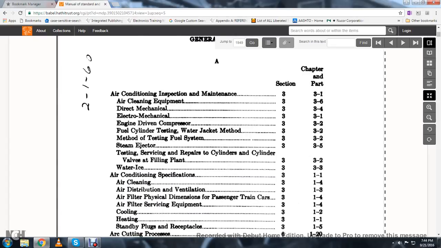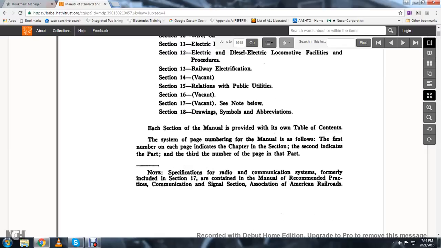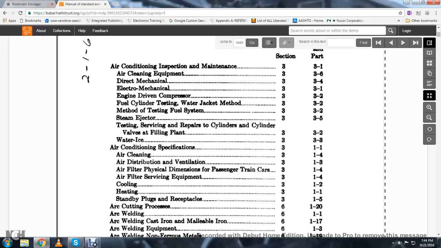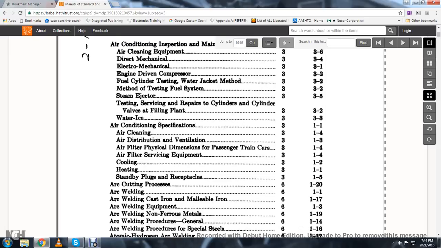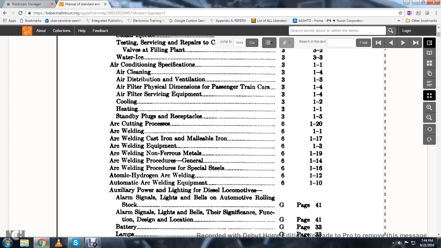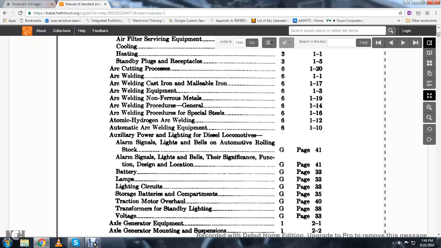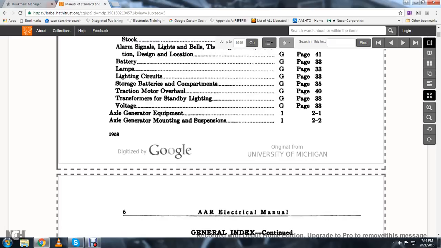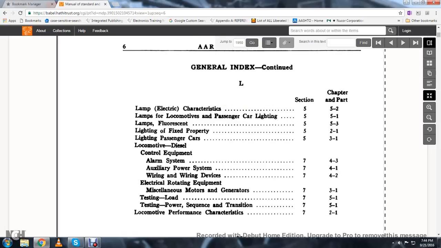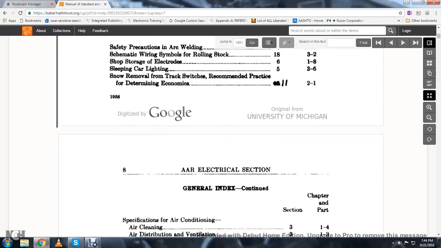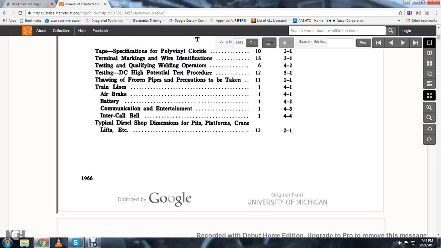Section 1, General, car electrical equipment, air conditioning inspection, air conditioning specification, arc cutting process, arc welding, arc cast iron metal, arc welding equipment, non-ferrous metals, procedures in general, welding procedures, special steels, atomic hydrogen, atomic arc welding, auxiliary power lighting, and for diesel electric motors, electrical generator, electrical motor dispenser. All right, this is all in the general index.